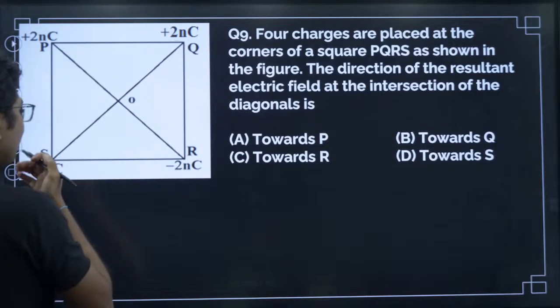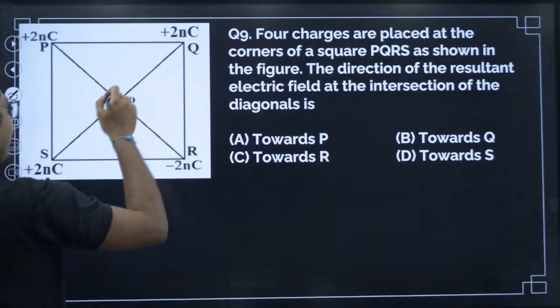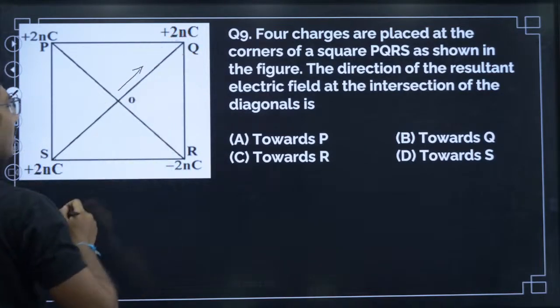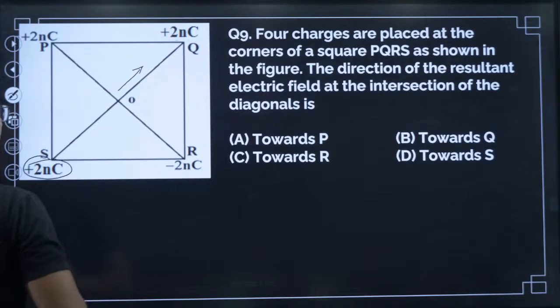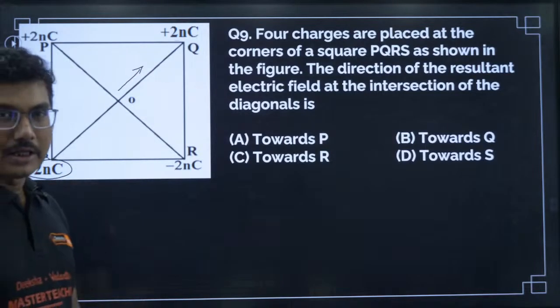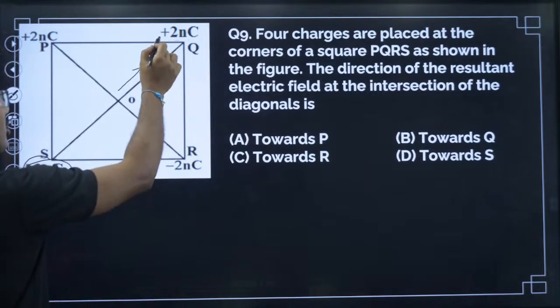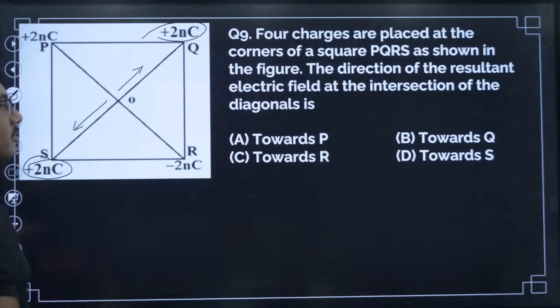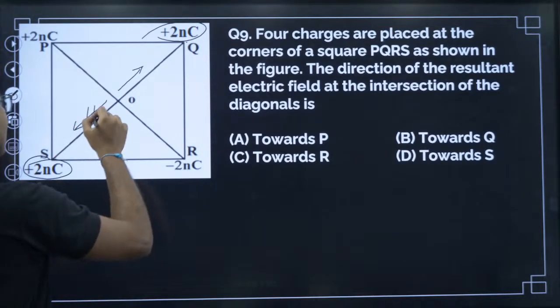Now let's see. Here this is positive and this is positive. There will be an electric field in this direction due to this charge, right? Electric field is always away from a positive charge, and this is also plus 2 at an equal distance, so its field will be in the opposite direction and they will cancel each other.